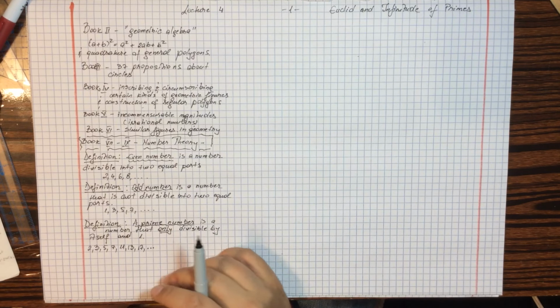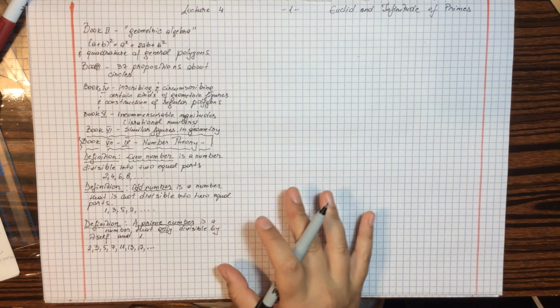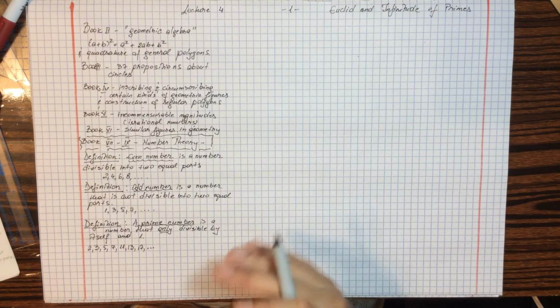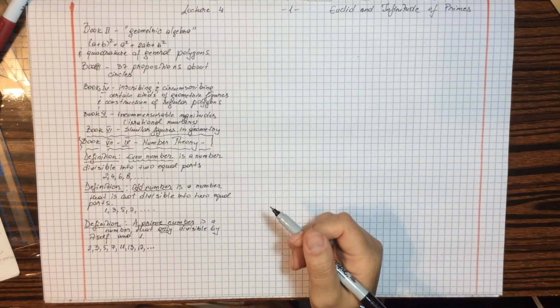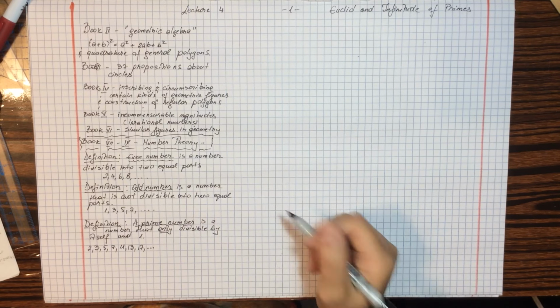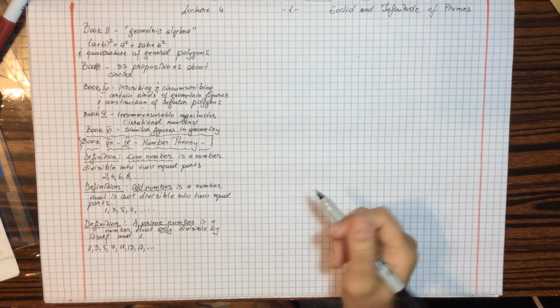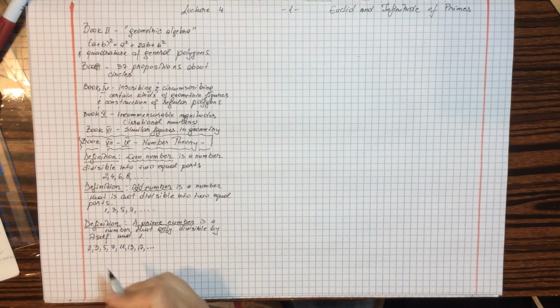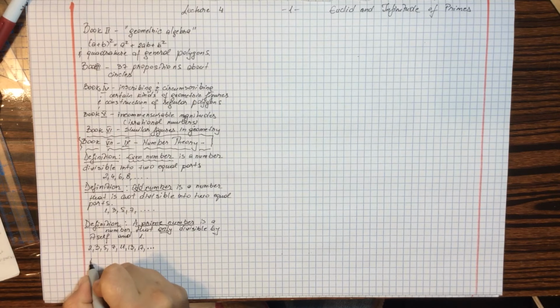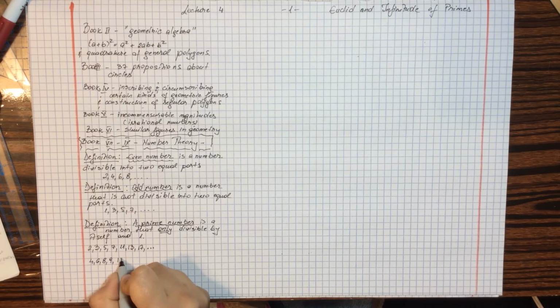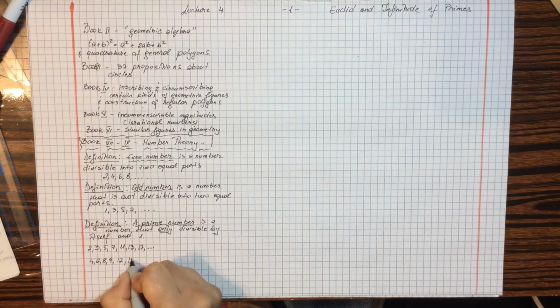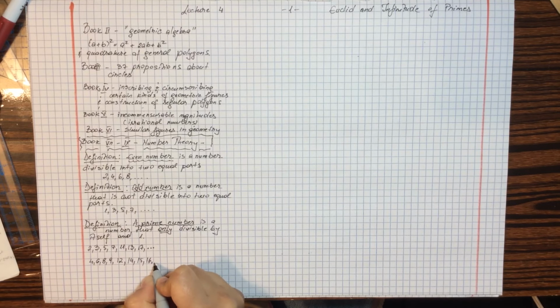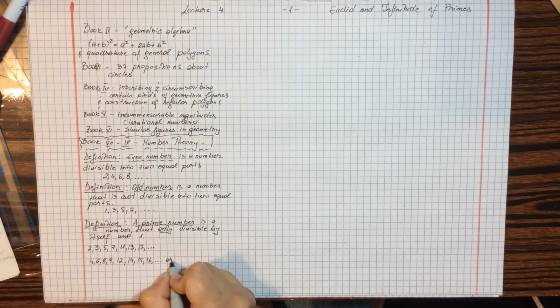In fact, that being a difficult thing is at the heart of the security of computers to date, but that is a completely different story. We're not going to talk about that now. So anyway, these are prime numbers. 4, 6, 8, 9, 12, 14, 15, 16, and so on are not primes.